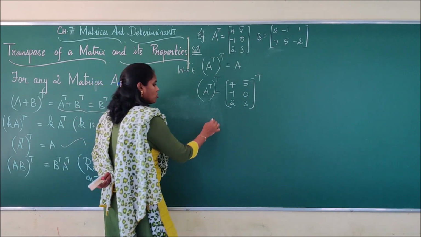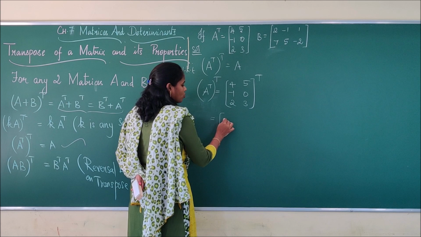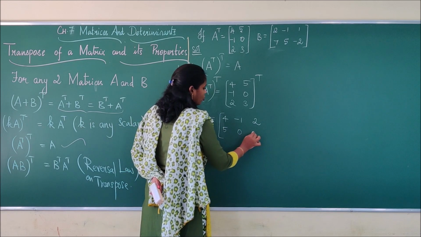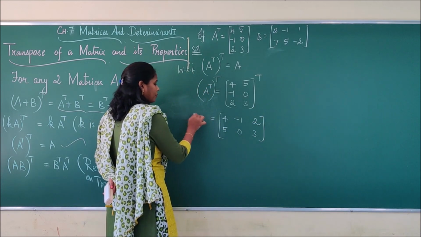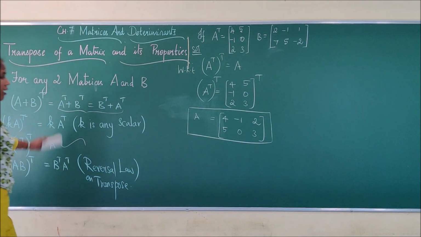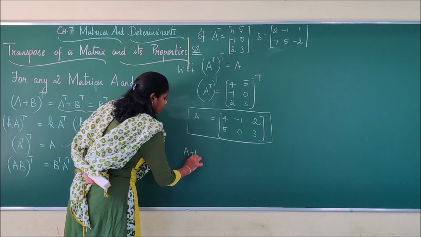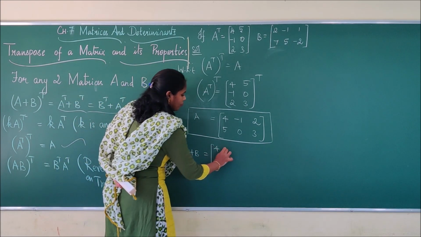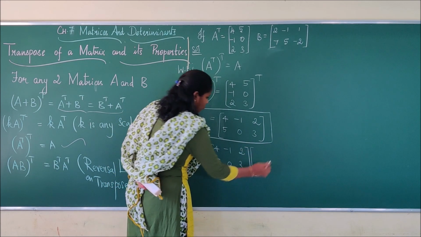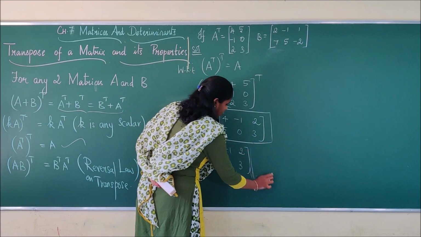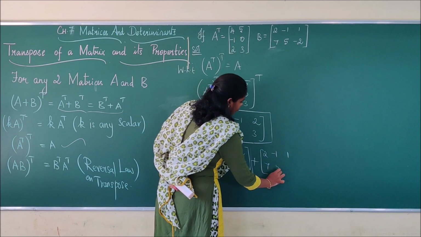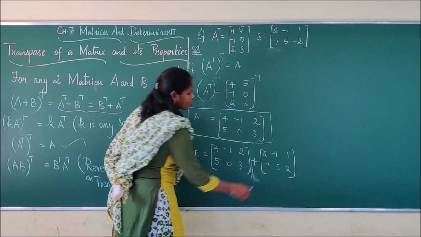And when I take transpose, what will I be getting? My rows will change into columns, isn't it? And 4, minus 1, 2, 5, 0, 3. And now this is my A. Now I can find the values using this property, right? So first I am going to find A plus B. What is my A? A is nothing but 4, minus 1, 2, 5, 0, 3, plus, what is my B? 2, minus 1, 1, 7, 5, 2, minus 2.